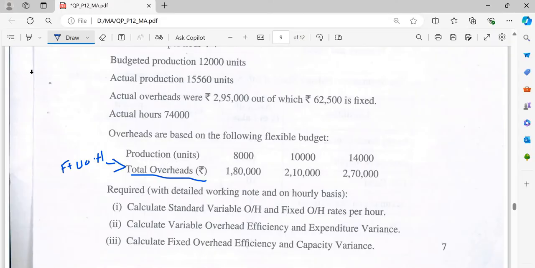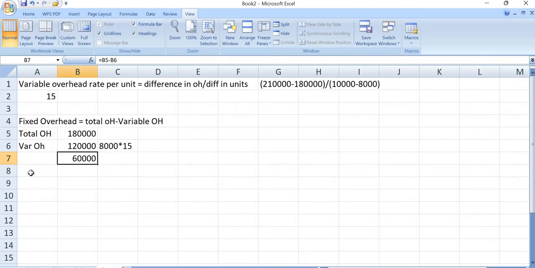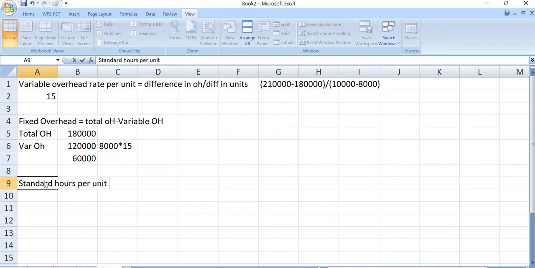Here we have calculated only per unit. So I want to calculate the rate per hour. How can we calculate? For that we need the standard hours. First we need to calculate standard hours per unit of production.